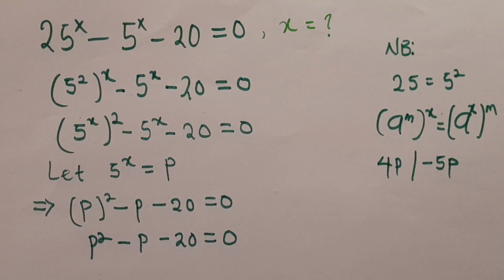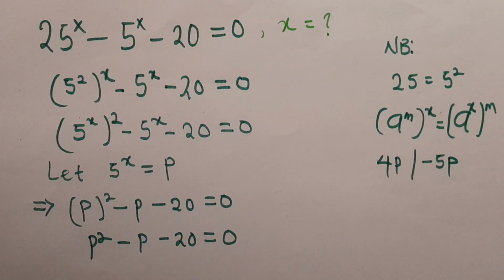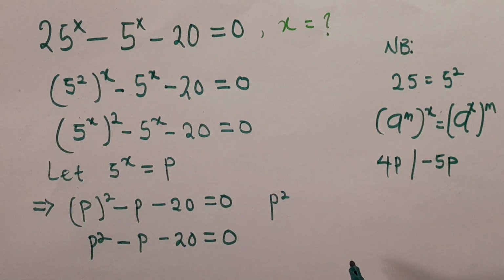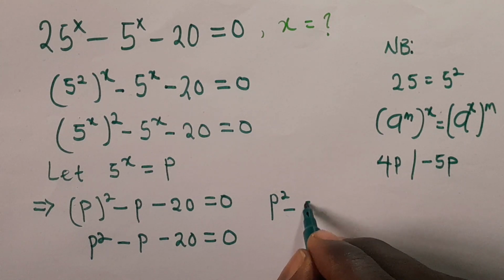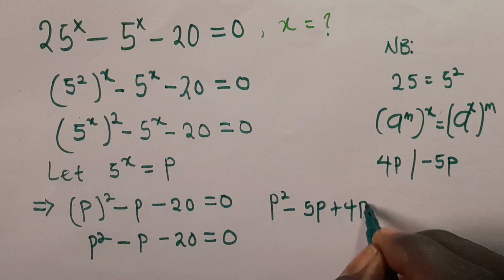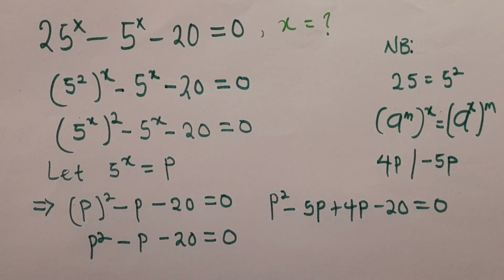So therefore, we can have this to be p square minus 5p plus 4p minus 20 equals 0.